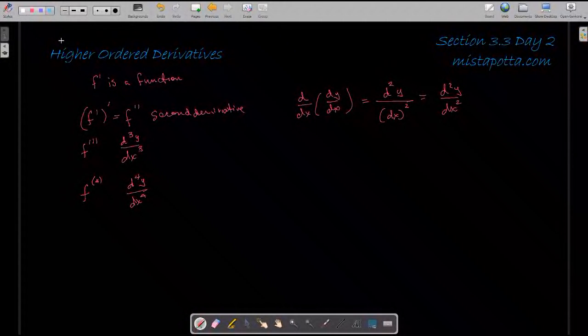So for our last example, I'm going to let y be 5x cubed minus 3x to the fifth.